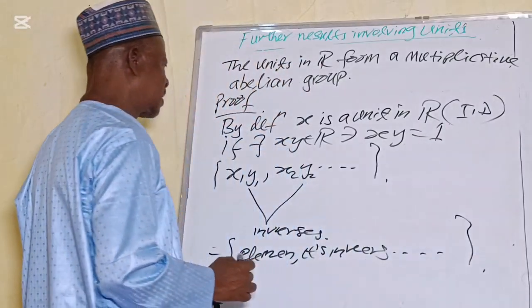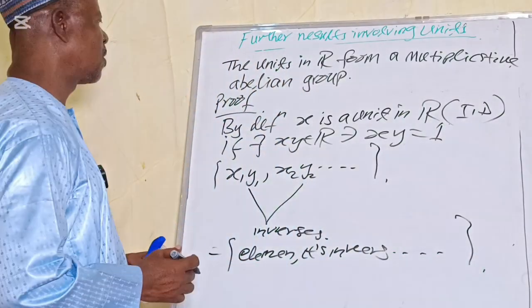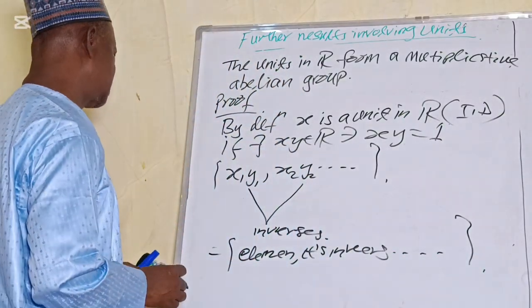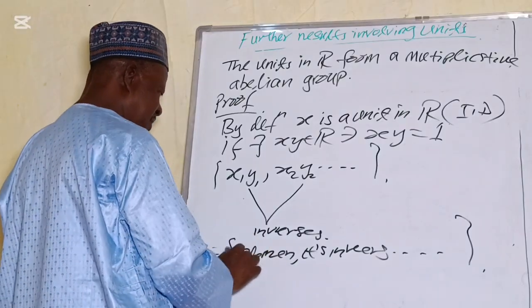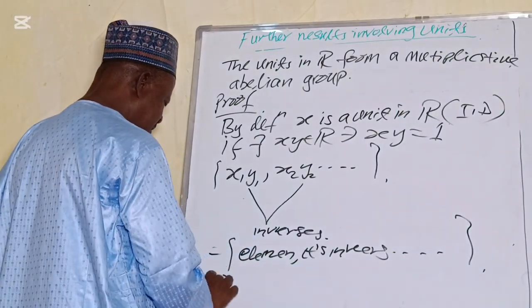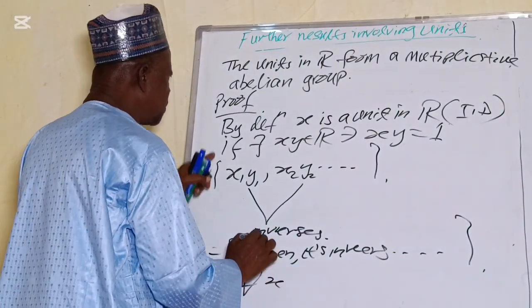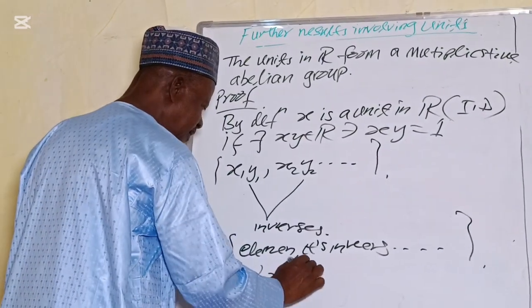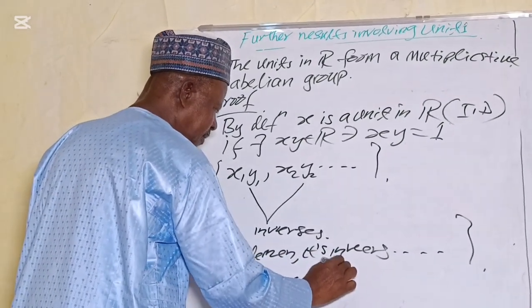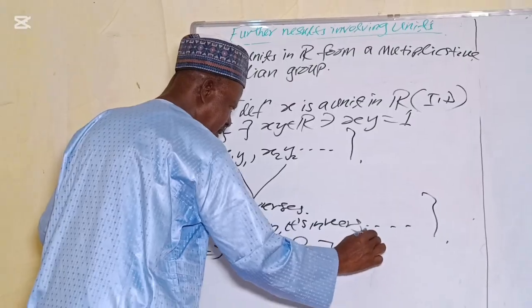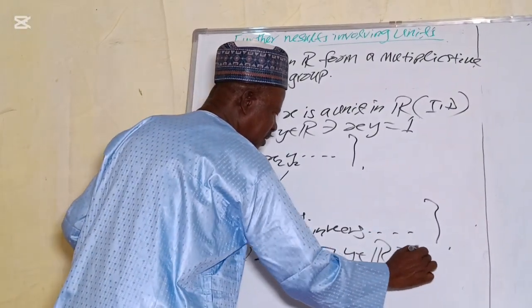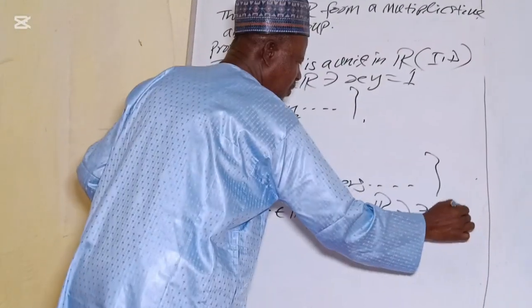When you collect elements like this, what you are going to have is actually a group. For each element there is an inverse. So this implies that for any x you pick in R, there exists y in R with xy equals 1.